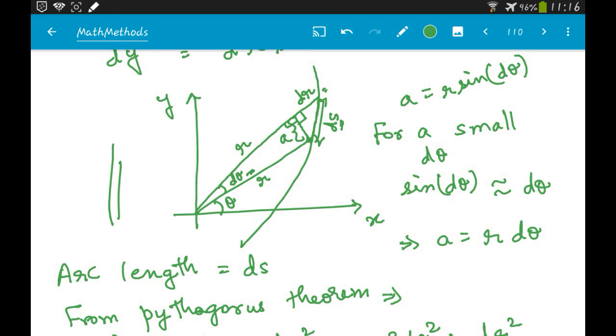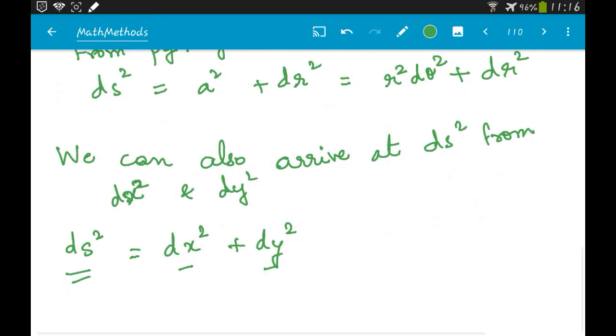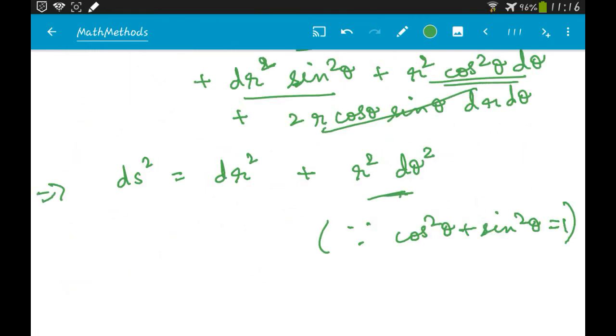Alright. So essentially, now let's look at one more insight here. So suppose your r changes by dr, okay, and theta is constant.